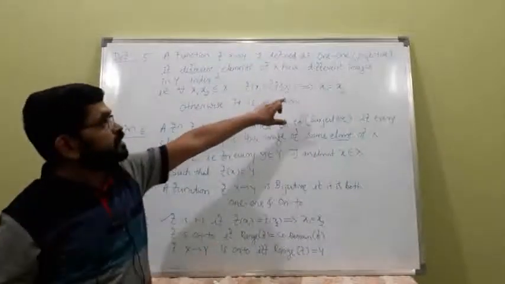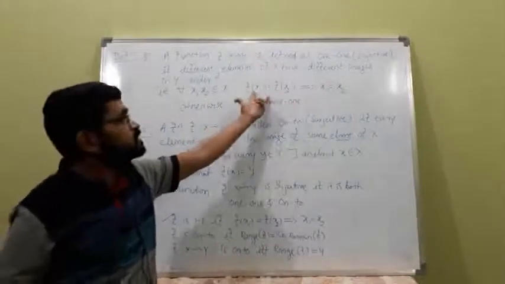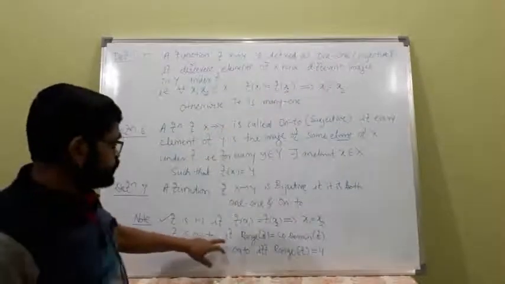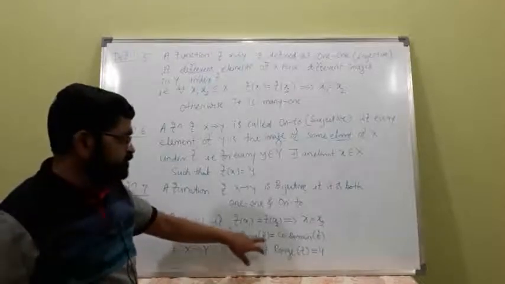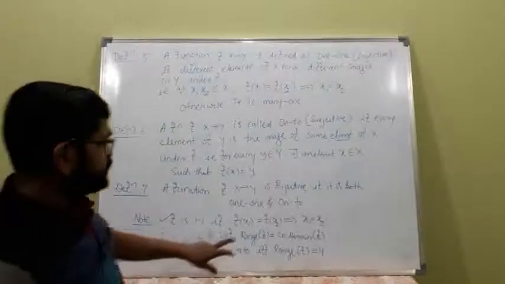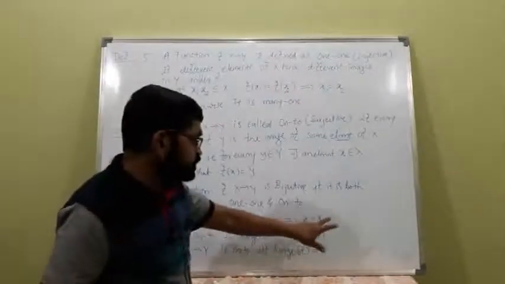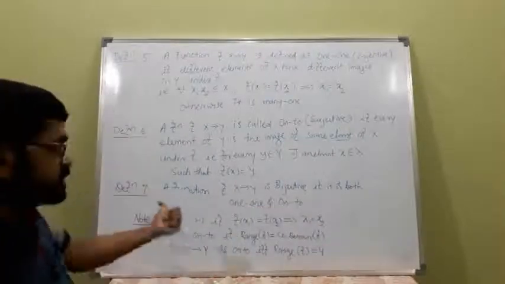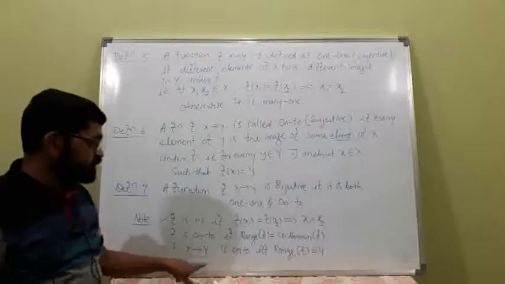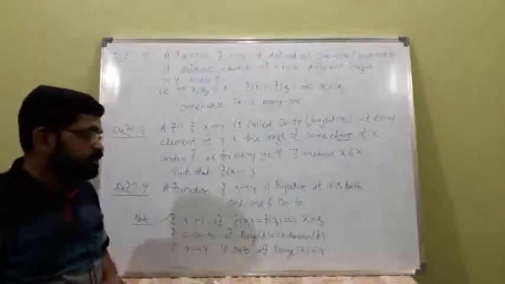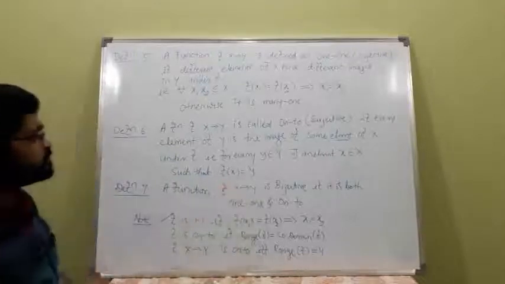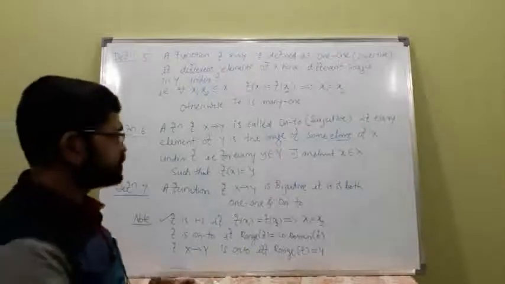If f(x1) is equal to f(x2) implies x1 is equal to x2, then these two are one and the same. f is onto if the range of f is equal to the codomain of f, meaning every element of the codomain should have pre-images in the domain. f from X to Y is onto if and only if the range of f is equal to Y, or f(X) is equal to Y. You take it, let us solve some examples.